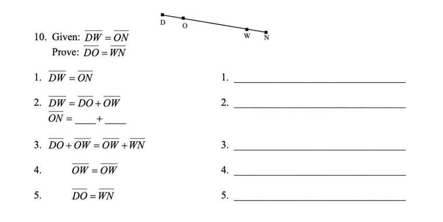Next proof, number 10 here. So I have, again, a segment kind of situation going on, this line with a bunch of segments in it. I'm given DW equals ON, so that's already in there, so I can just write given over here. But then DW equals DO plus OW, that sounds like a segment addition. So I'm going to write that here. I need to fill in some blanks then too, because ON, this segment ON, is divided into OW and WN.